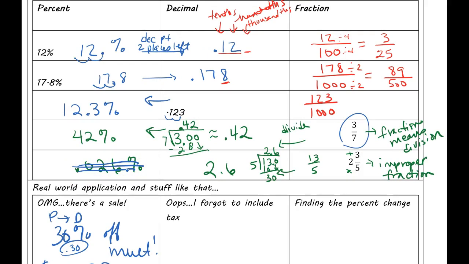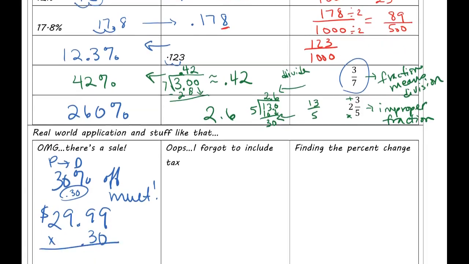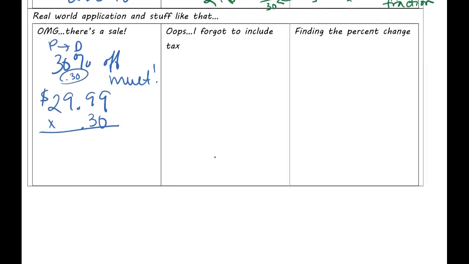Feel free to make fun of me. Sorry, that was a lie. I forgot to go right with my decimal. The 2.6 should have been 260%. That was my bad. I'm very sorry about that. I sometimes get right and left mixed up. Okay, back to the real world.